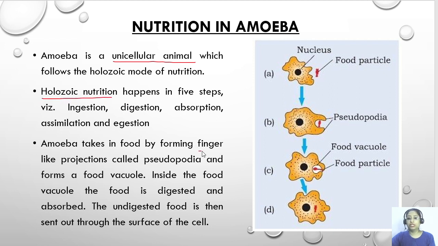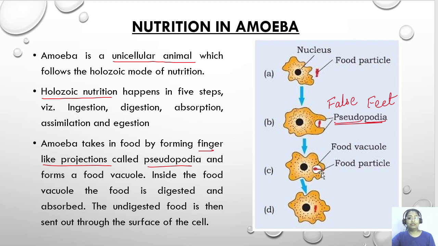Amoeba has a finger-like projection called pseudopodia. This is also called false feet. Pseudo means false and podia means feet. So basically when amoeba sees a food particle, this pseudopodia traps the food particle. See over here, it is trapping the food particle and making a food vacuole. So this process is called ingestion.